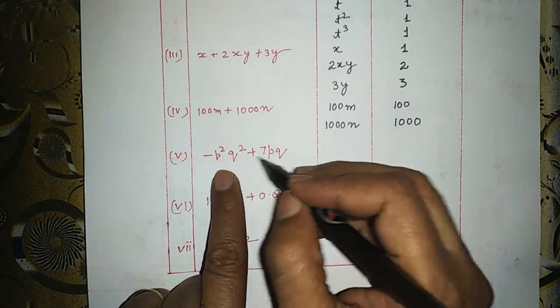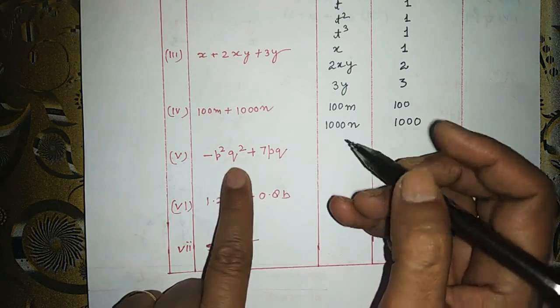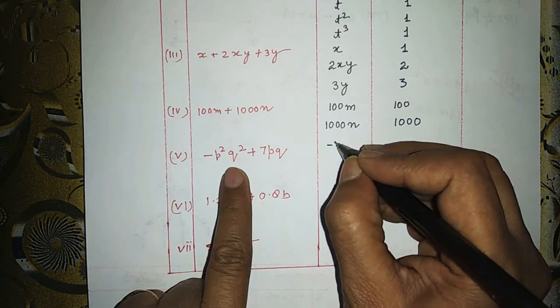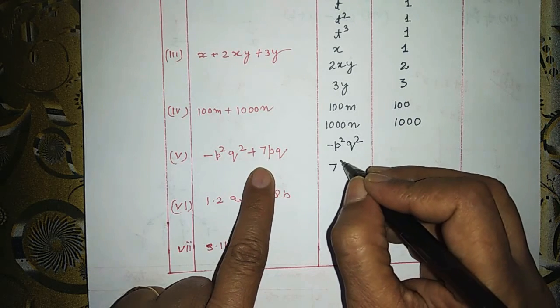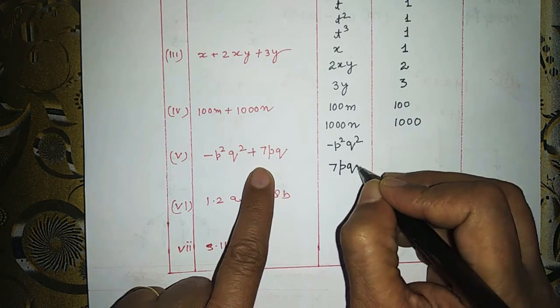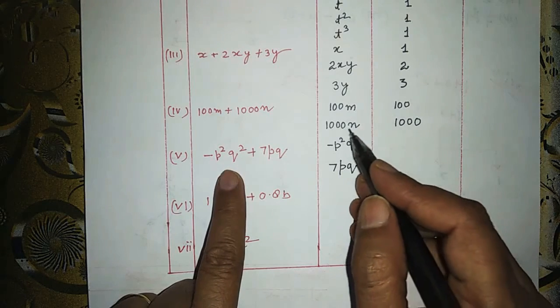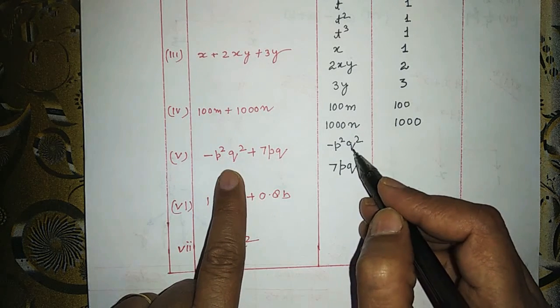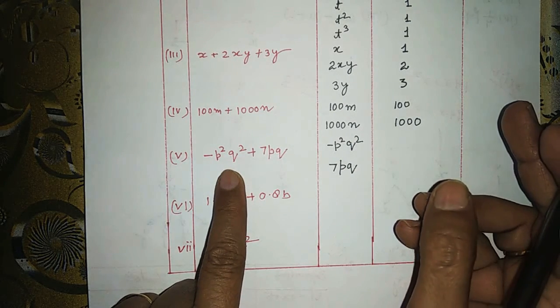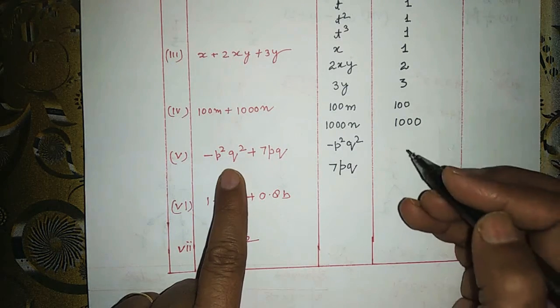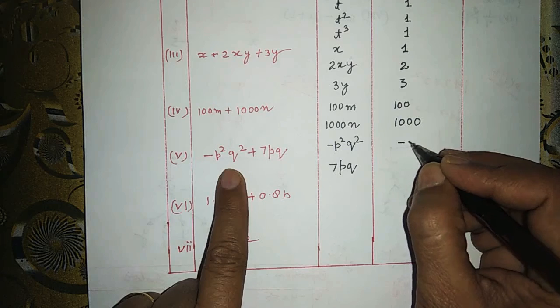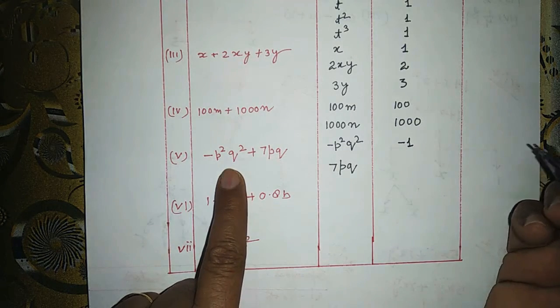So we have only two terms, minus p square q square and 7pq. Children, for minus p square q square, what can we write as the numerical coefficient? Minus 1. Understood?